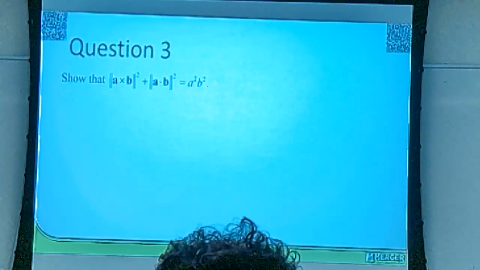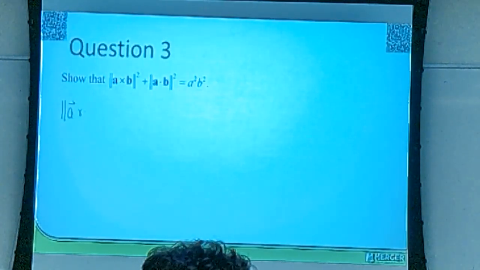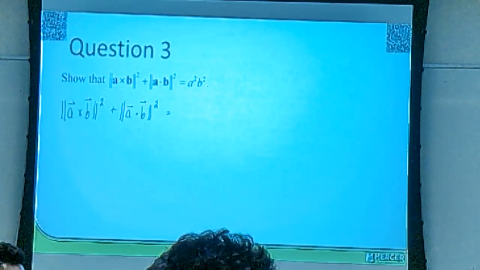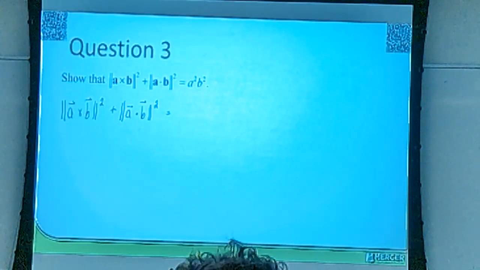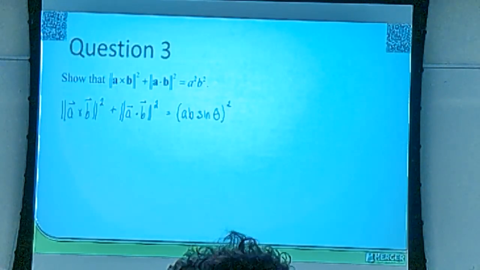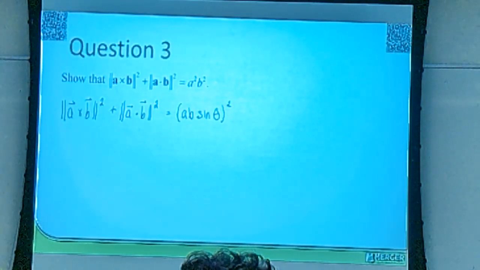Again, we're going to restrict this. No, I'm not going to restrict to R3. So go back to the magnitude of A cross B. Isn't that magnitude of A times magnitude of B times sine theta?